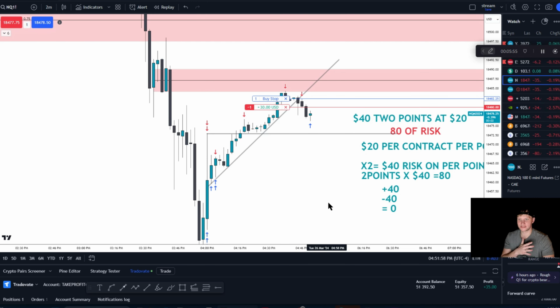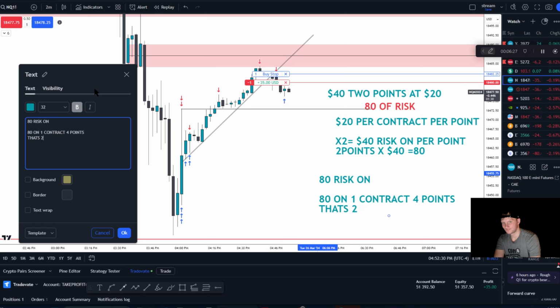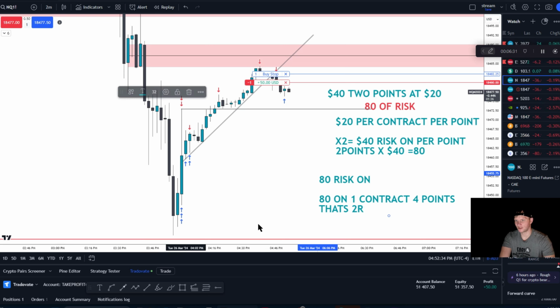Now, let's say you did this at 2R. So you had $80 risk on, you exited at $80 profit on 1 contract, which would be 4 points. That's 2R, 2 units of risk, if you want to call it that.